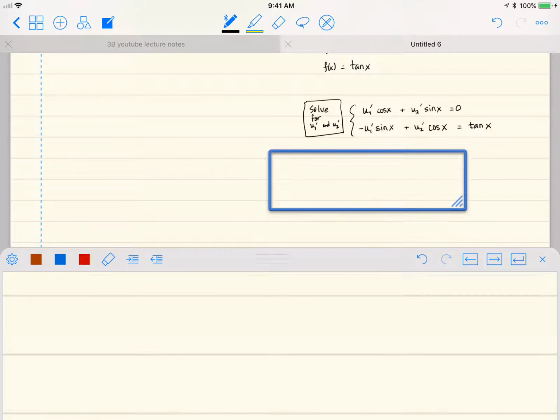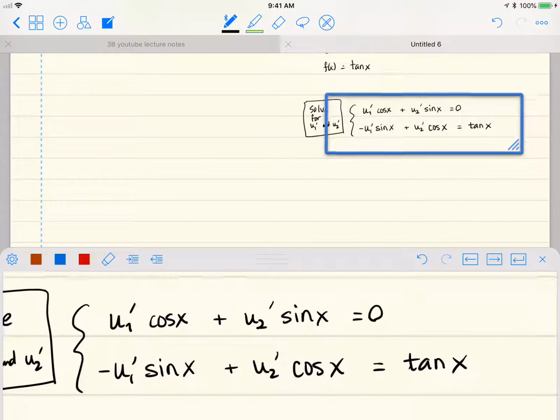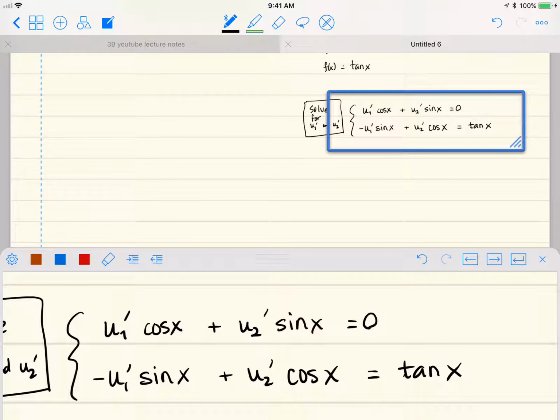So now, in order to solve this system, let's see here. I can multiply the top equation by sine x, and then multiply the bottom equation by cosine x.